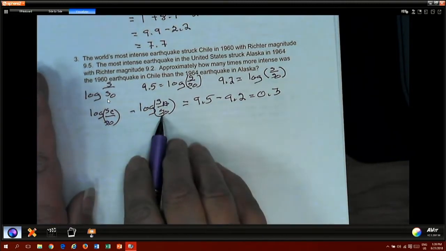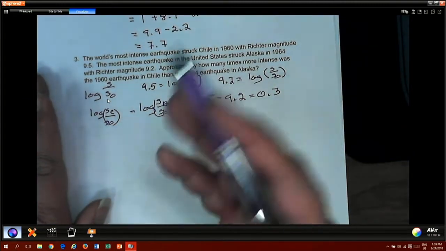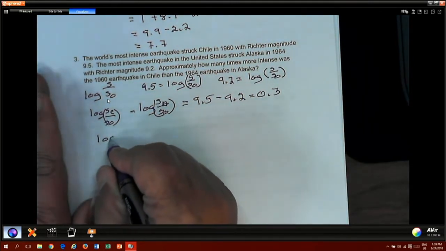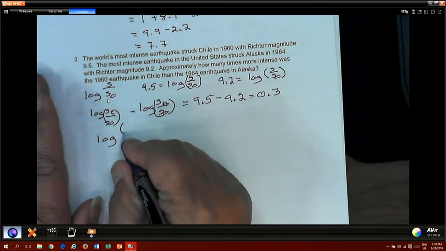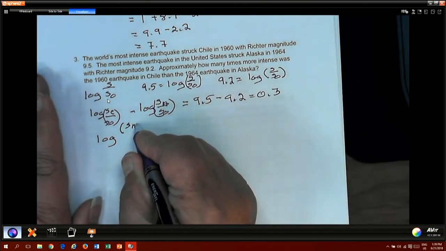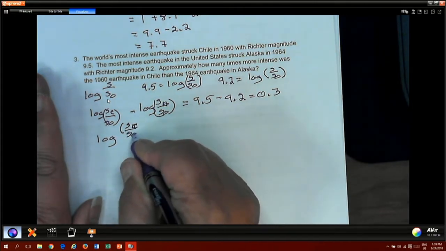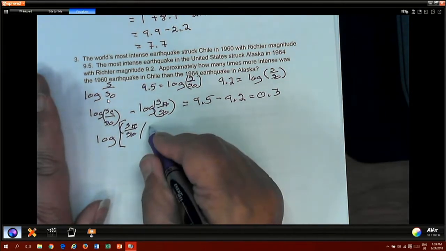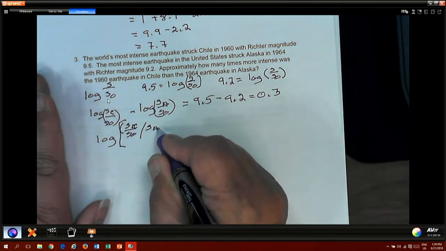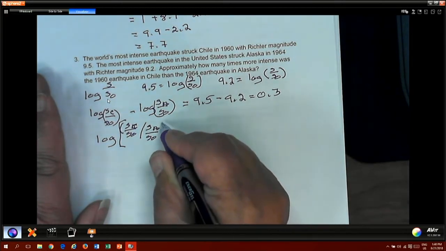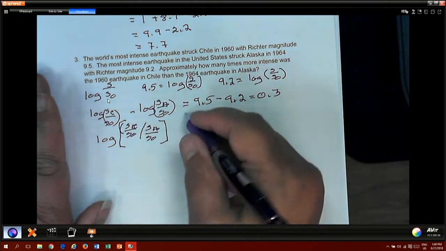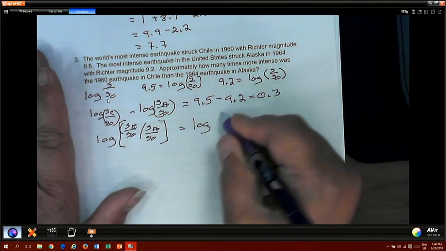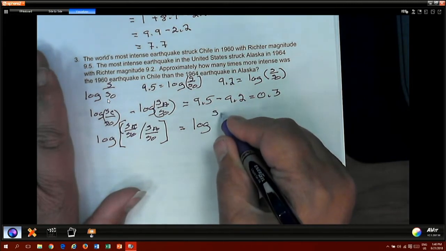But also this difference, if we put it back using the property we used before, becomes a quotient. So this becomes the log of the intensity of Chile over the minimum, divided by the intensity of Alaska over the minimum, which simply becomes the log of the intensity.